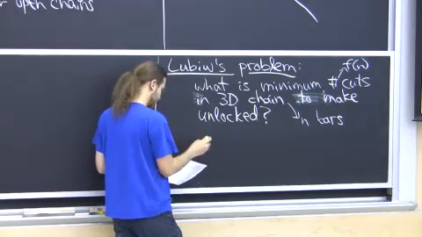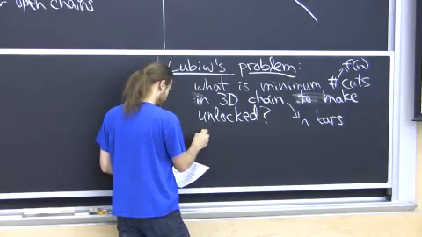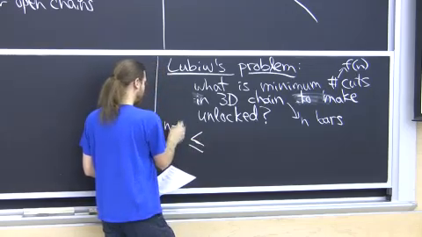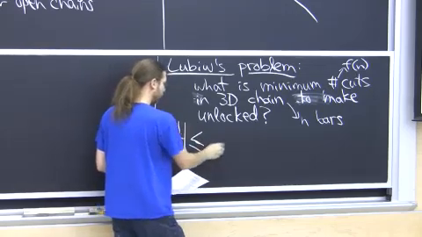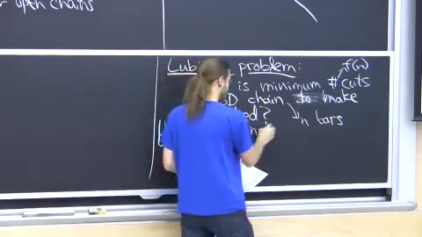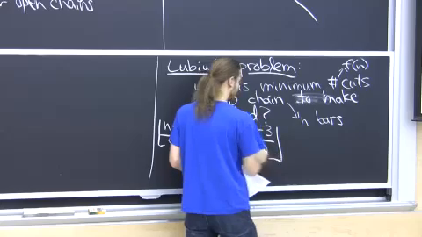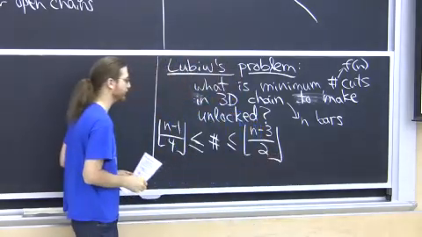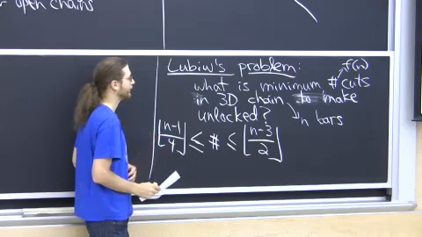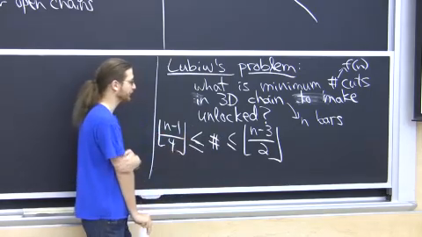So it's at least floor of (n minus 1) over 4, and it's at most floor of (n minus 3) over 2. And I'll prove to you both of those results. So we know roughly it's theta of n. It's within a constant factor of n, but we don't know exactly what the constant is.